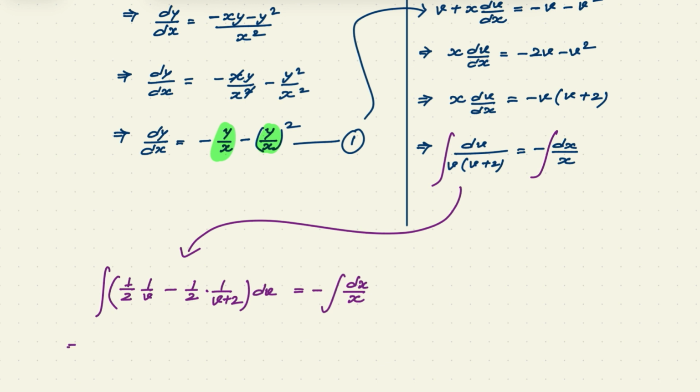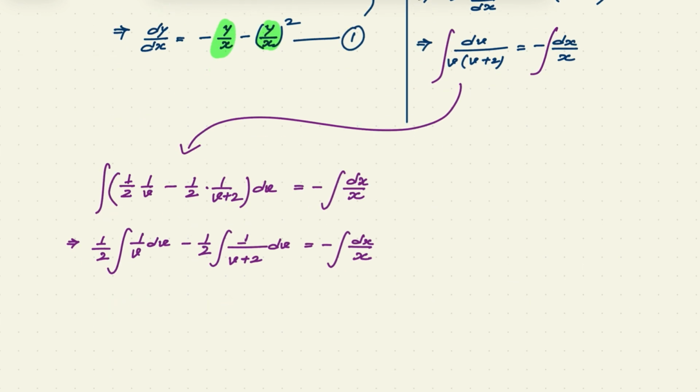Taking out 1 by 2 common, it will be integration of 1 by v dv minus 1 by 2, which is constant, integration of 1 by v plus 2 into dv equals minus integration of dx over x.